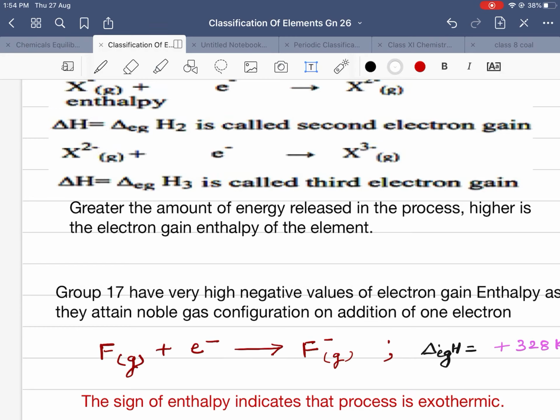Do remember two unique features of electron gain enthalpies. The electron affinity of an element is equal to the enthalpy change that accompanies the ionization process of its anion. And a large positive value means the negative ion is very stable, just as the high ionization energy of an atom means the atom is very stable.